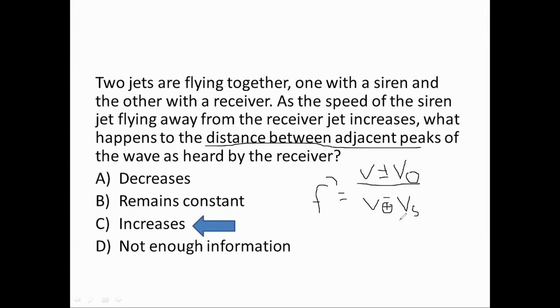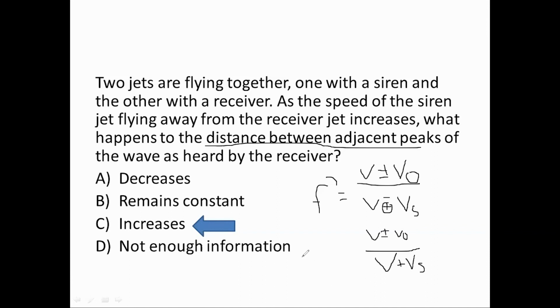And as this speed increases, what happens to this? Well, you know that this would be v plus minus vO, it actually doesn't matter, right? Whereas this is v plus vs, right? As vs increases, the whole bottom, the denominator, will increase.